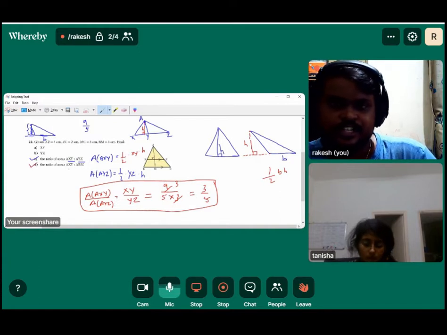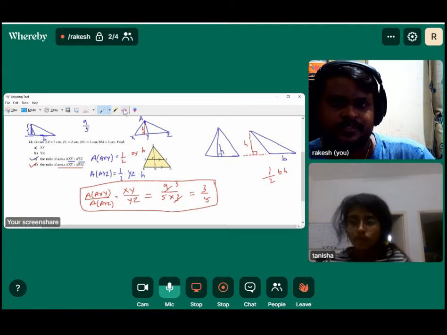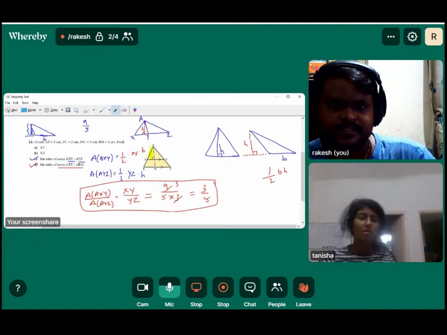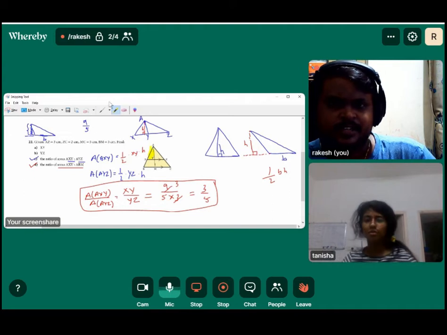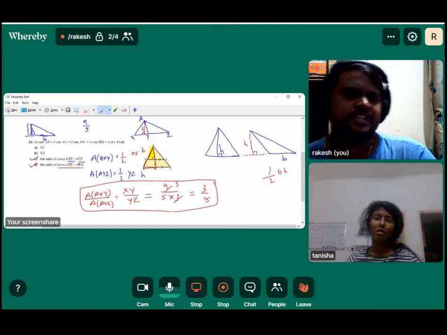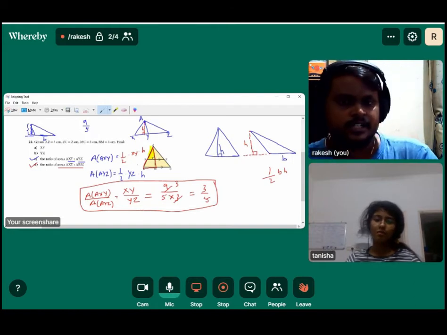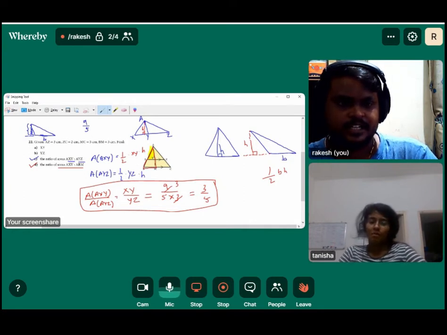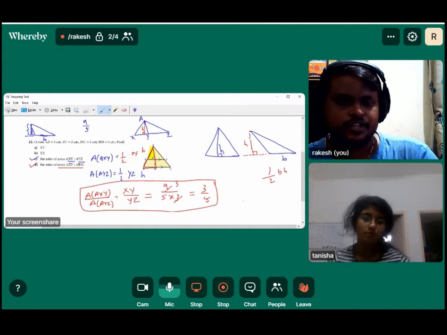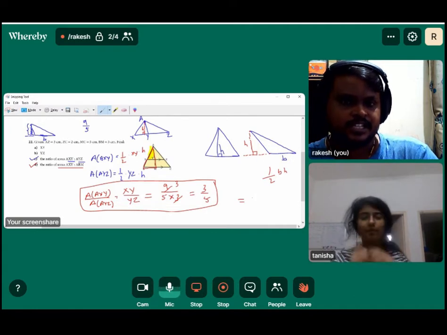So now next is the ratio of area of AXY and ABM. AXY is this one and ABM is the bigger one. So they are similar now. So you can simply take the square of the ratio of their sides, because they are similar triangles, right? If the triangles are similar, the ratio of their areas is the ratio of the squares of their corresponding sides.